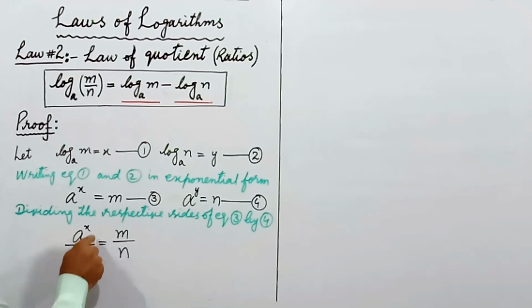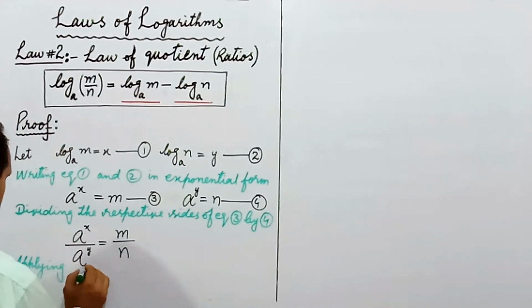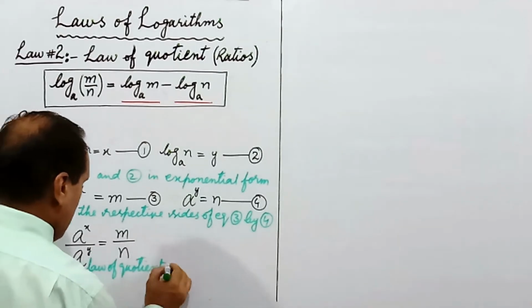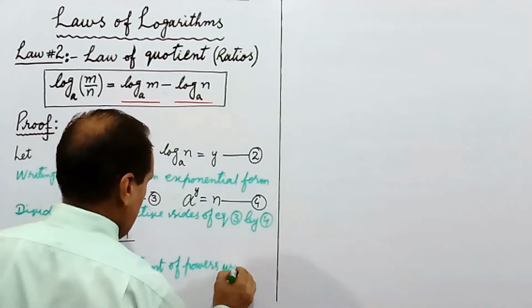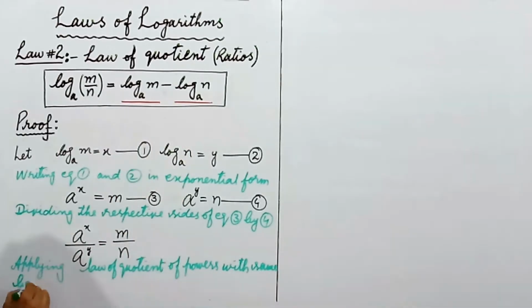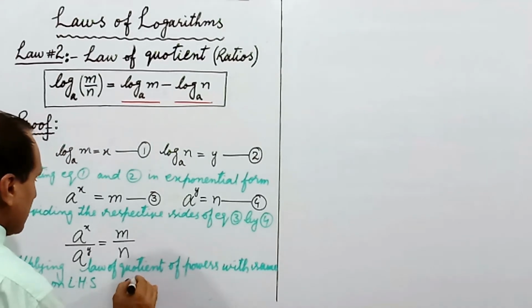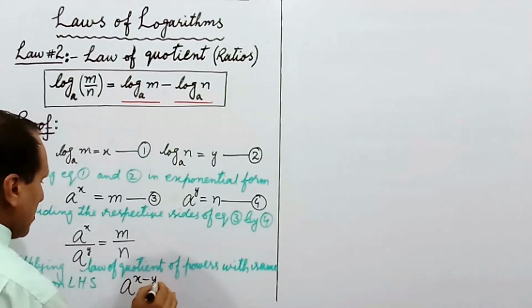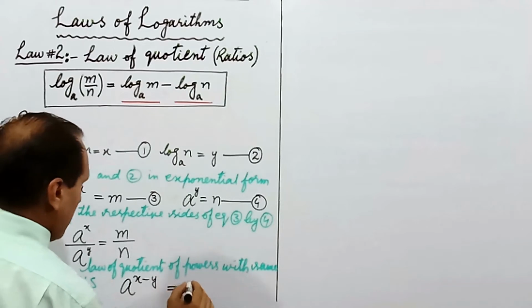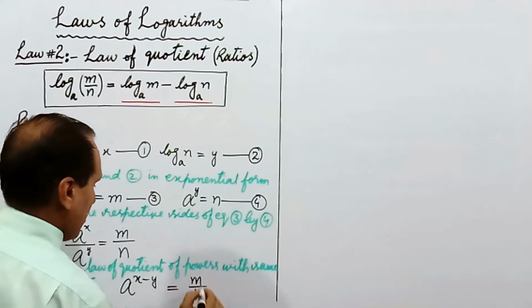The y is taken to the numerator and hence we have a raised to power x minus y. So applying the law of quotient of power with same base on the left hand side, we have a raised to power x minus y equal to m over n.